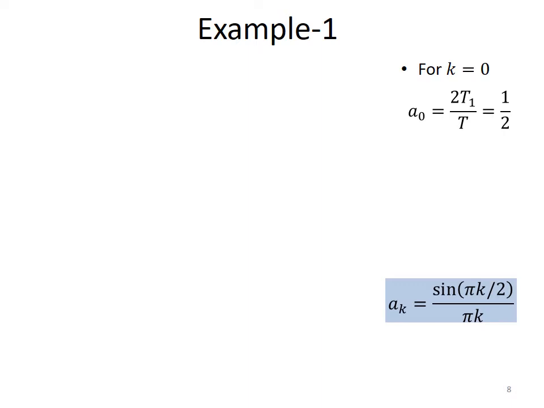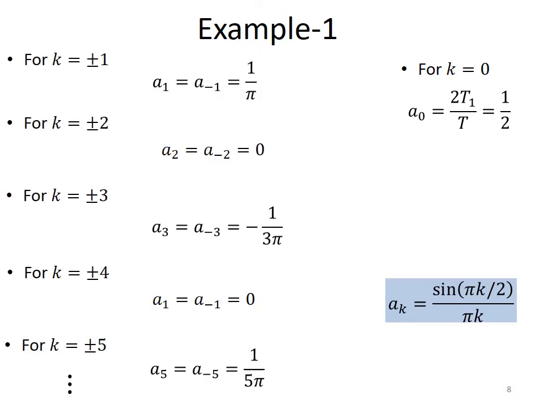Now let us substitute k equal to 1 and find the value of a1. You will get sine pi by 2 divided by pi. Sine pi by 2 is sine of 90 degrees, which is 1, so it is simply equal to 1 upon pi.